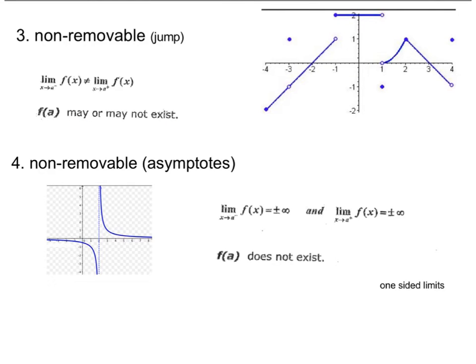Another non-removable one is where there is a vertical asymptote. As x approaches a from the left, f of x goes to negative infinity. As it approaches from the right, f of x goes to positive infinity. The actual point f of a does not exist.